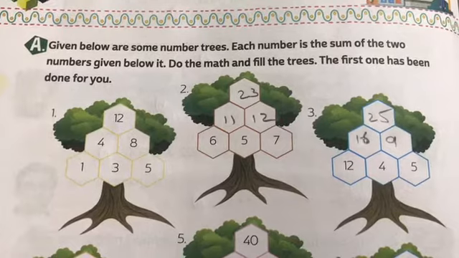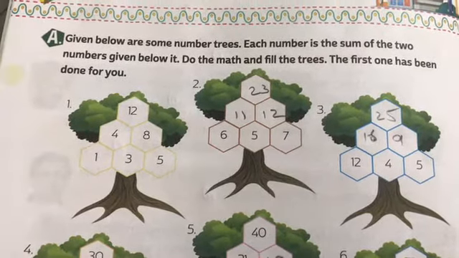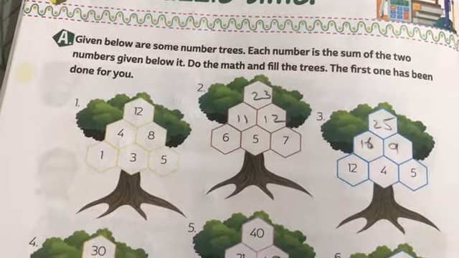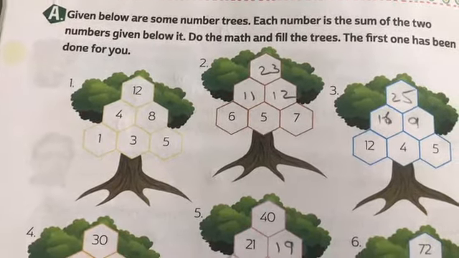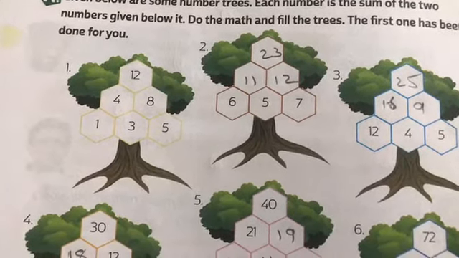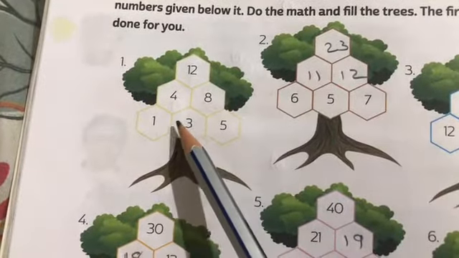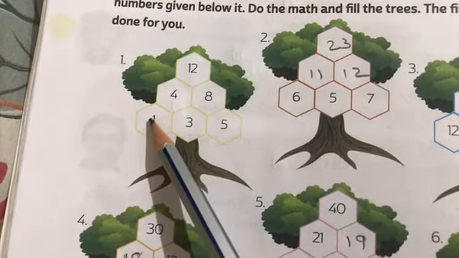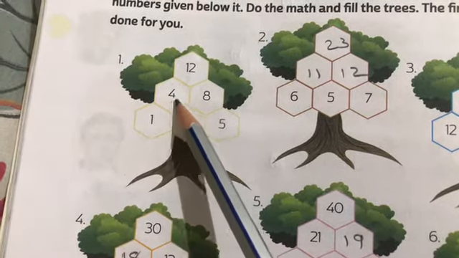In this section, we have to find out the blank columns. We have to fill the blank columns. That will be the answers of the sum of two numbers. Here they have already given an example: 1 plus 3 equal to 4.